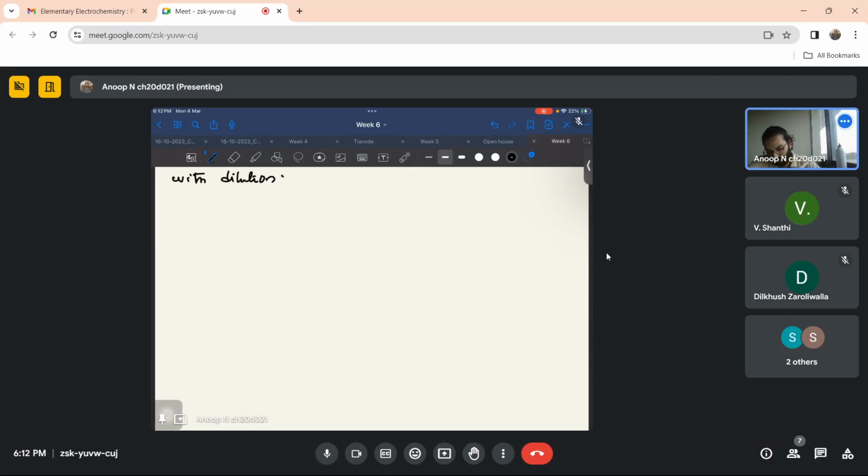What is the relation between conductivity, or specific conductance L, and concentration C? How can we relate? What's the formula? Yeah, L is equal to lambda m into C divided by 1000.